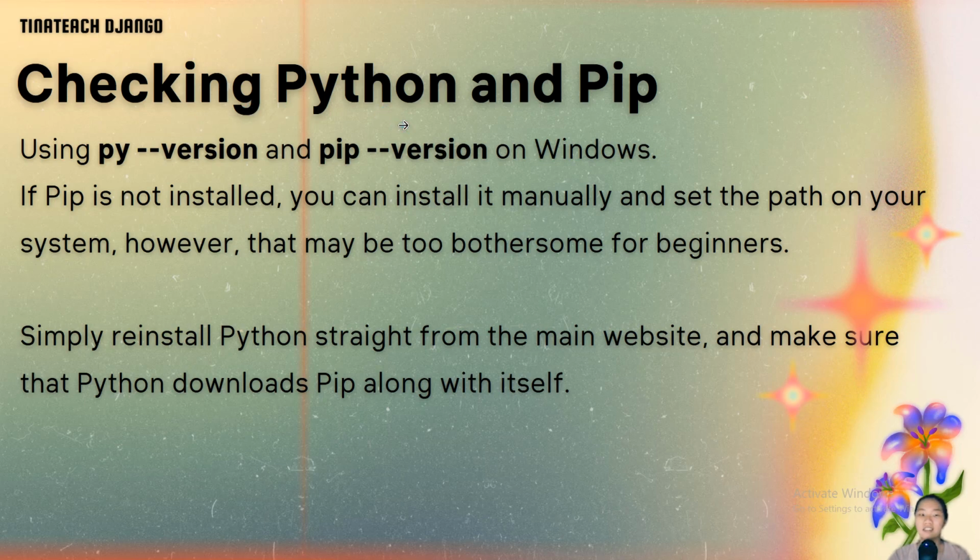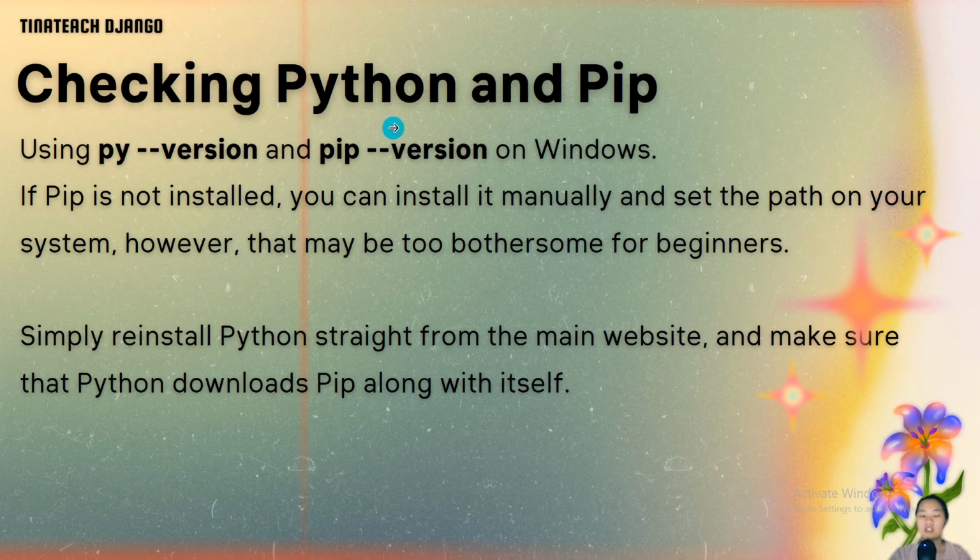If you're using Linux or Mac, you can just simply type in python, but Windows is a little bit quirky, so if you just type in python, it doesn't know what to do. So py is the way to go in the command prompt, okay? Now, if you have Python installed, which you mostly would have already, it will show you the version of Python. And you can go to the main website to double check whether or not you have the updated version.